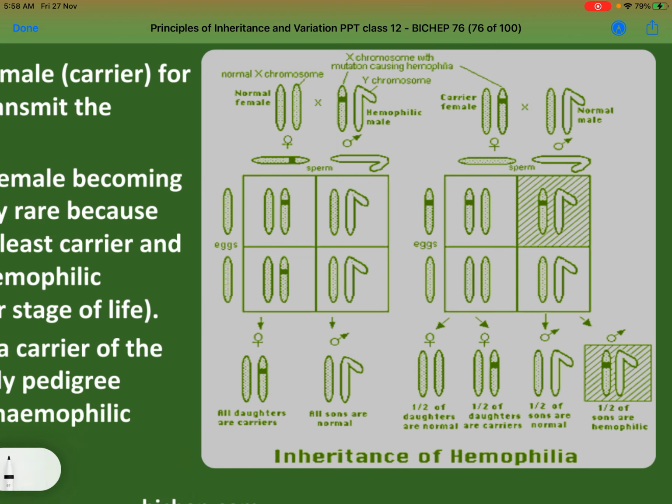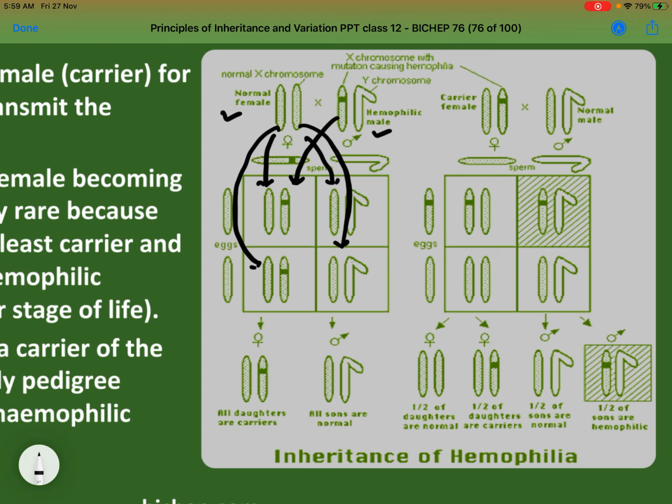Okay, if you see condition number 1, here a normal female and a hemophilic male are there. If this condition is there, the X chromosome from the normal female will be given to each and every individual, but the X chromosome is given to the female only from the father, which will result in carrier daughters.